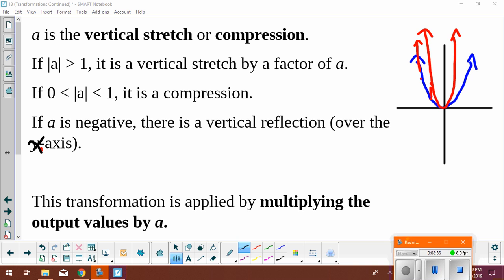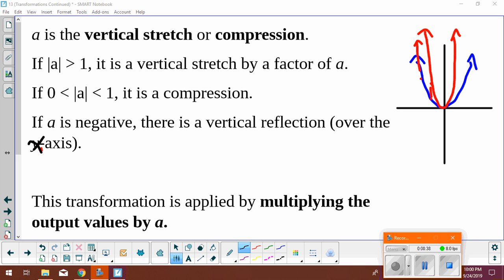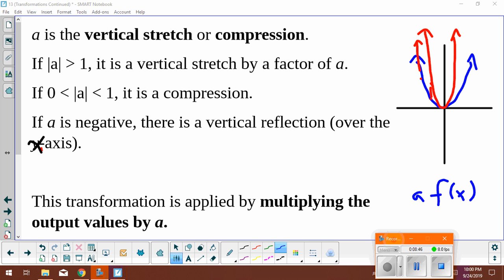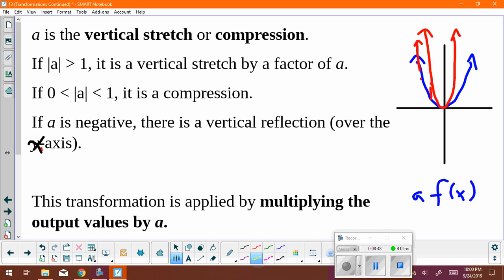And to try to show what that means, if I think about its position in the function, a times f of x. Let's say I wanted a specific value of my function, like what's f of 2? So this expression now becomes a times f of 2. What does that mean? Well, I'm going to figure out what f of 2 is. I input 2 into my function, I get an output of some kind.